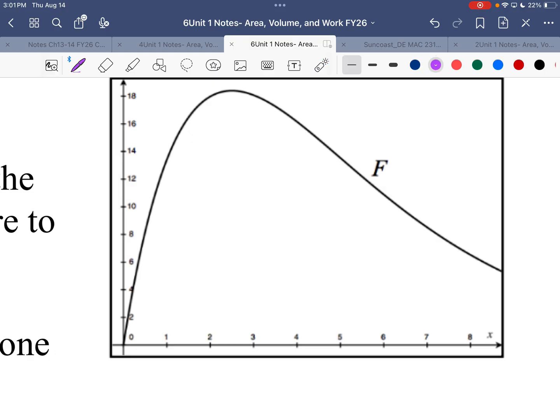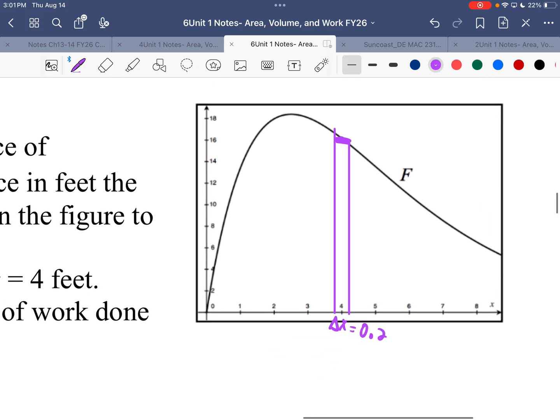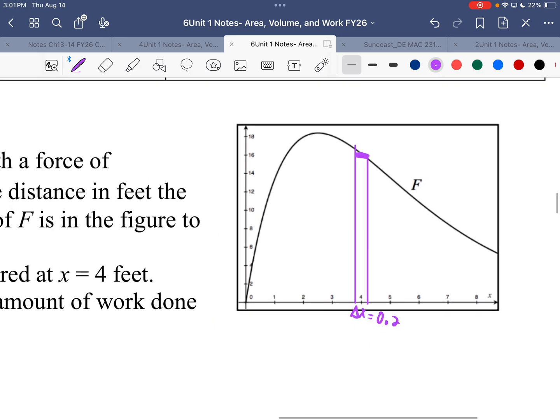This is 4 down here. So we're really trying to find just this little bit of force over a displacement of 0.2.